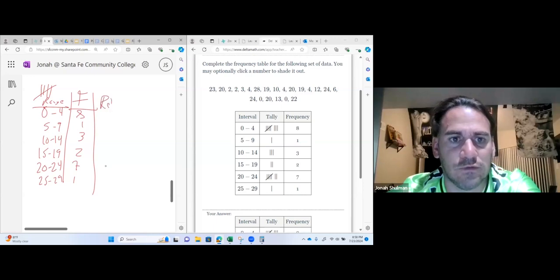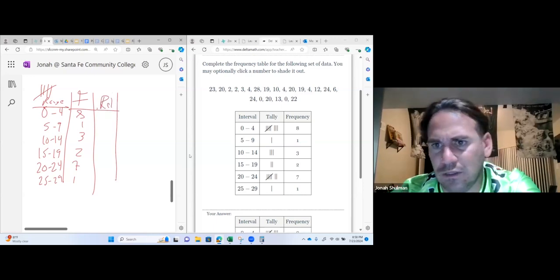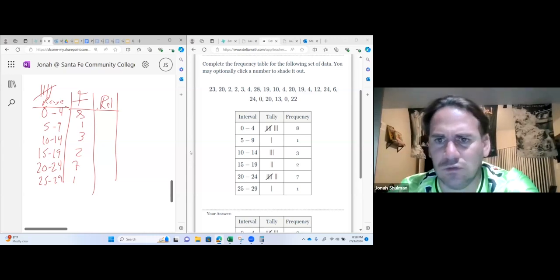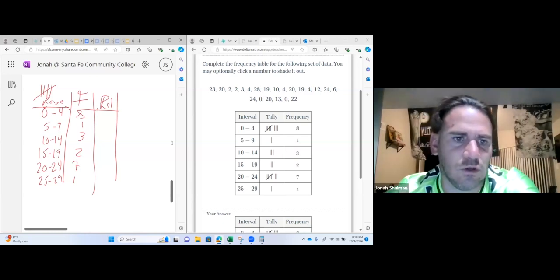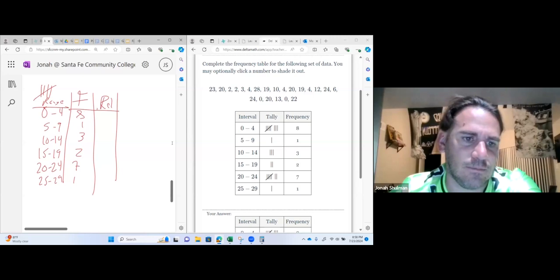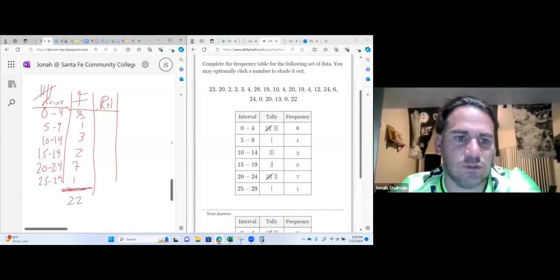Now, if they want relative frequency, we're going to be dividing by the total. 8 plus 1 is 9, 12, 14, 21. Yeah, it's 22. So all of these added together is 22.